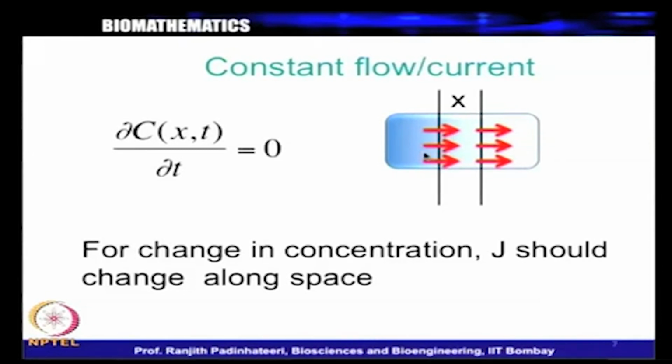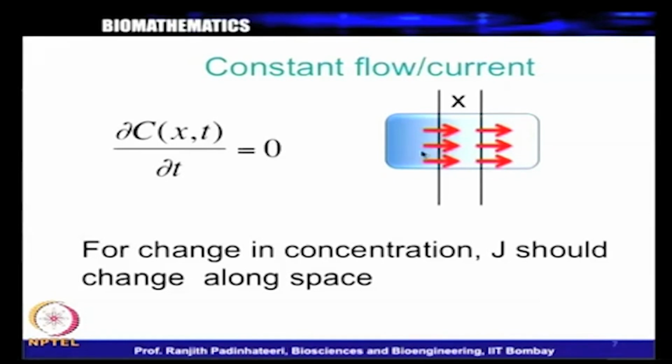If the flow here is more compared to the flow here, more things will come in and fewer things will go out, so there will be a concentration change here.